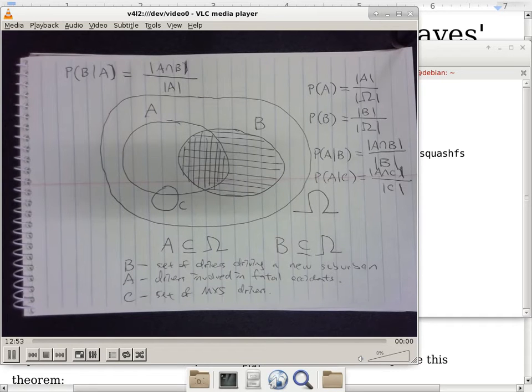Even if there are a lot more people driving Suburbans, this number is still useful.